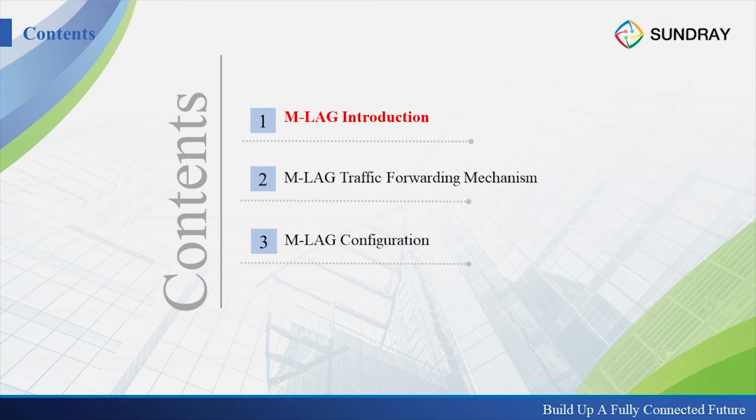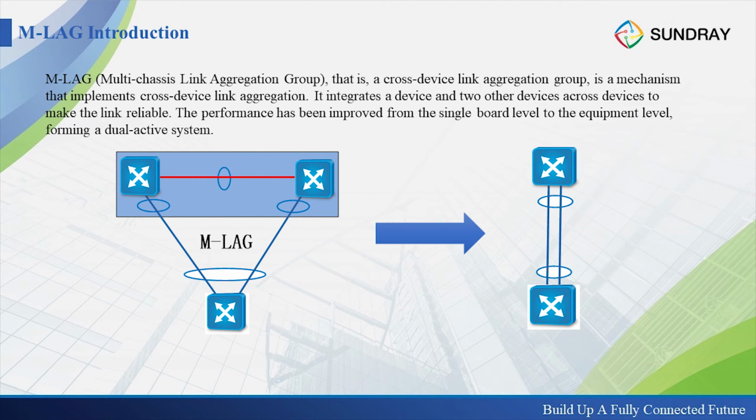It is a mechanism that can implement cross-device link aggregation. It integrates devices and connects to other devices across devices to make the link reliable. So the performance has been improved from the single board level to the equipment level, forming a dual active system.